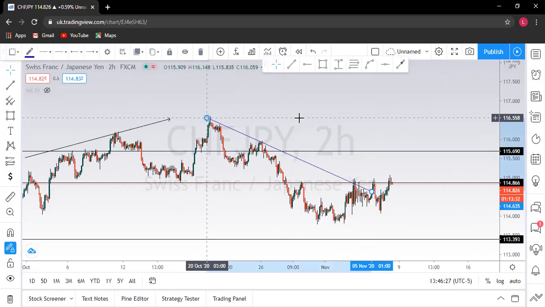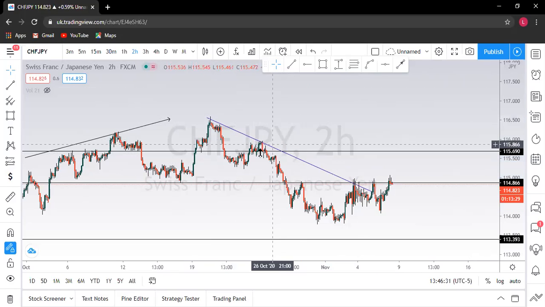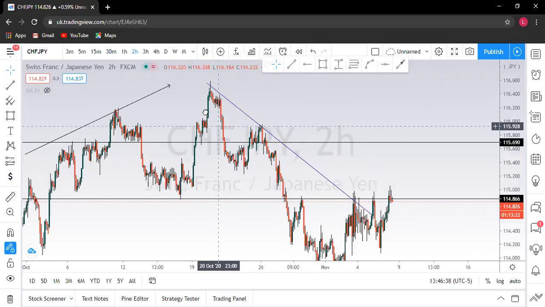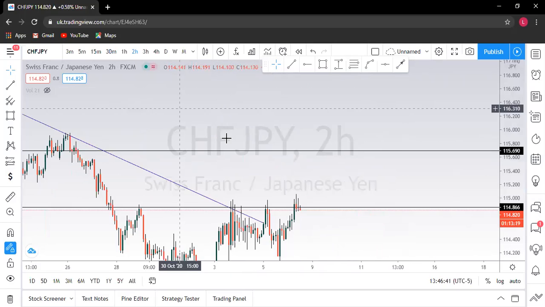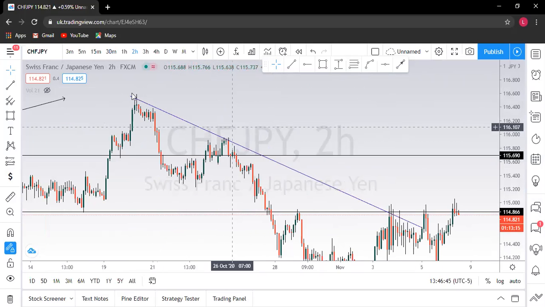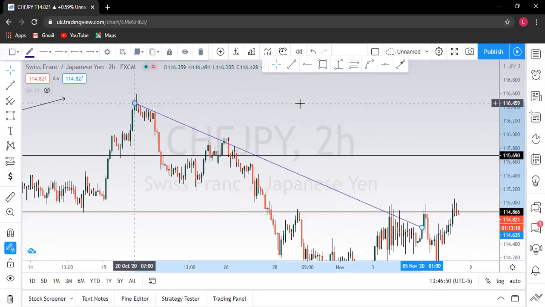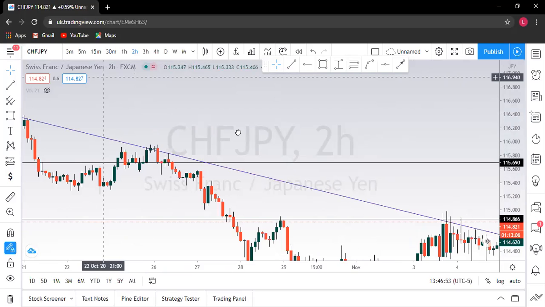Do you understand? Now, when you want to draw your trend line, you should always consider two things. Either you join the wicks, which are the shadows of your candlesticks, or you join maybe the beginning of the body. If you join wicks, it should not be touching the body of your candlestick.